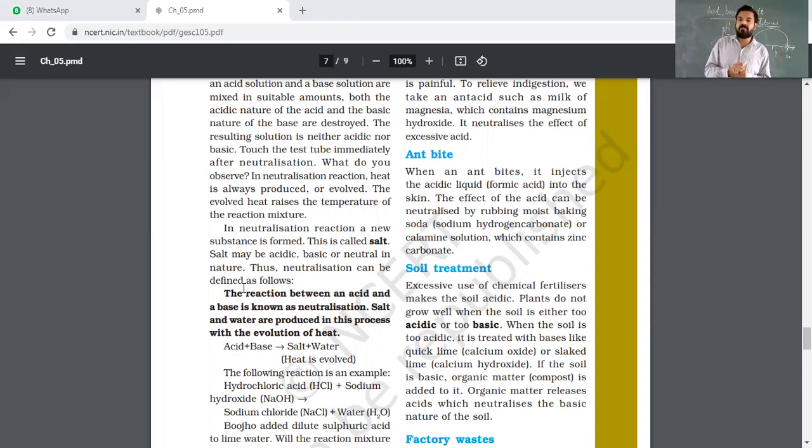Now, acid plus base gives salt and water. The reaction given in your textbook is HCl, hydrochloric acid, plus sodium hydroxide, NaOH, which gives sodium chloride plus water.